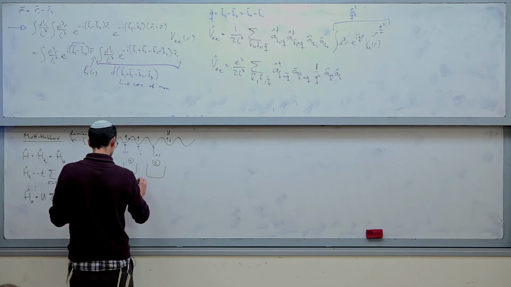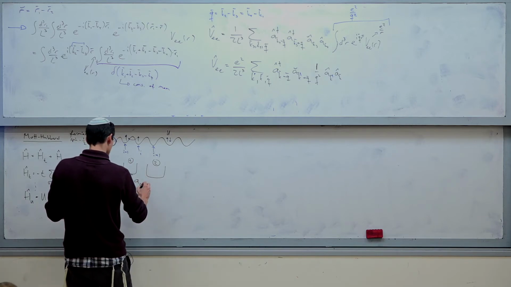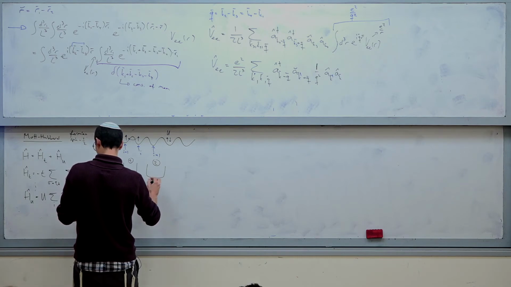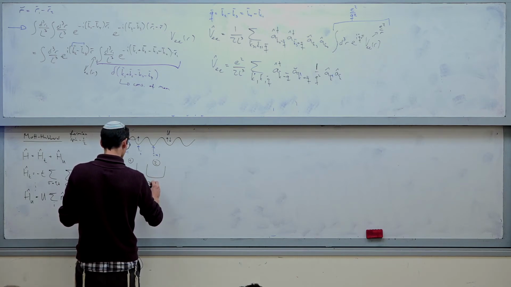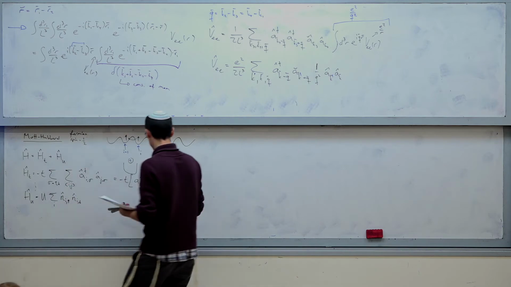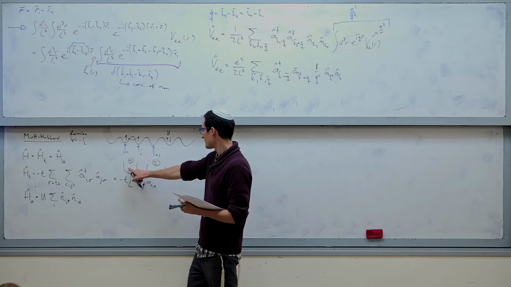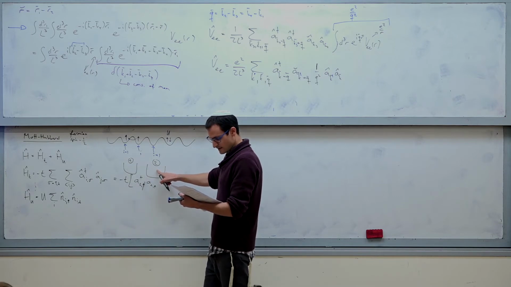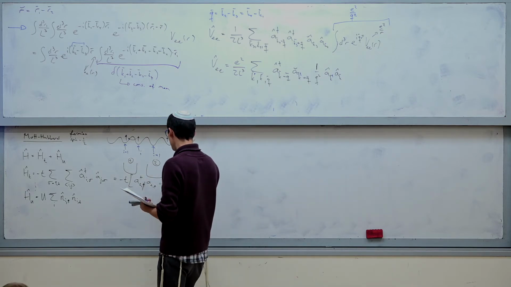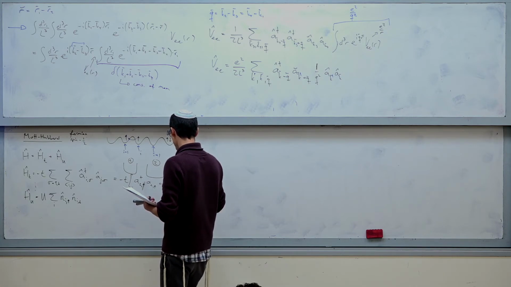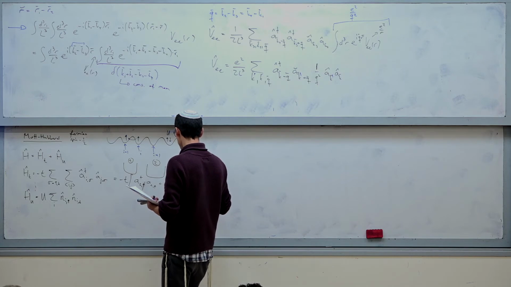Then there are 4 operators. c_2 up dagger c_1 up. So this is an up particle hopping from 1 to 2. And then this up particle can also do the opposite. It can hop from 2 to 1. So you create it at 1 and destroy it at 2.